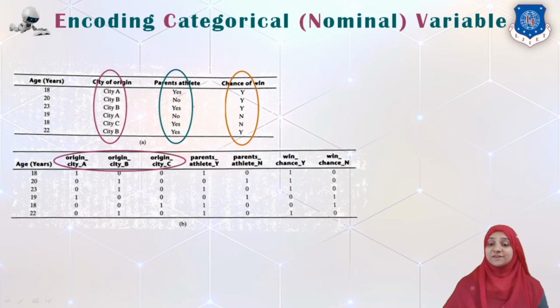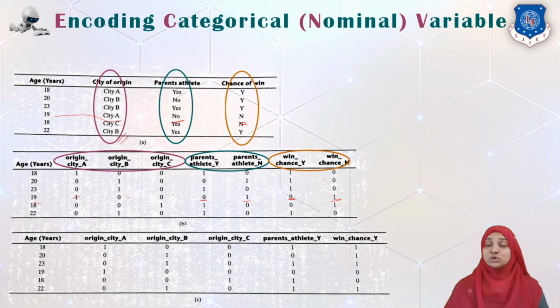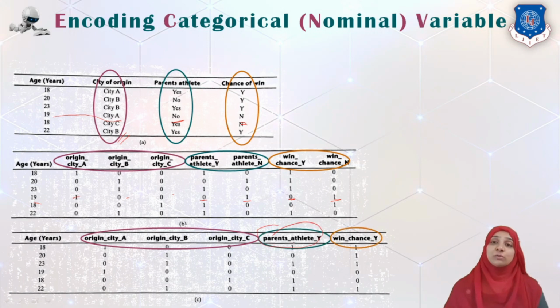As you can see, city of origin is now expanded into three different columns: city of origin A, city of origin B, and city of origin C. And we are placing ones and zeros respectively according to their original data value given in the original data set. We can obviously combine the two attributes of parents athlete, yes or no. So instead of parents athlete yes or no, only parents athlete yes is kept.